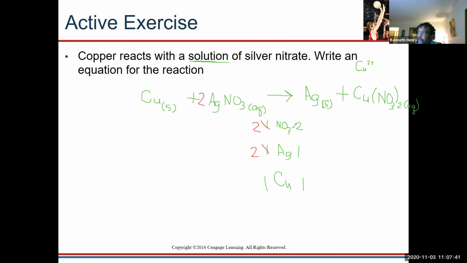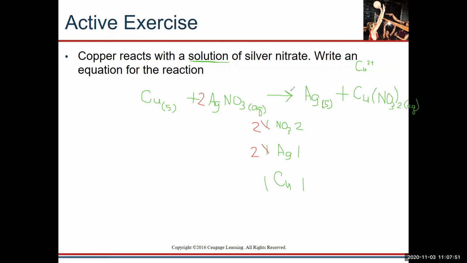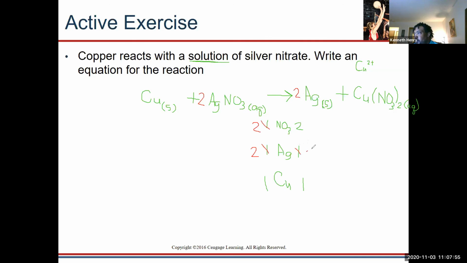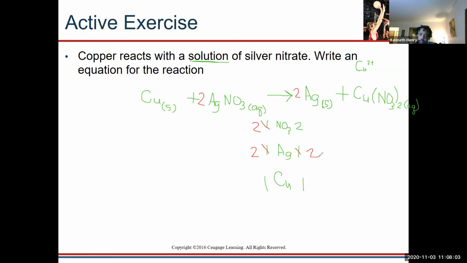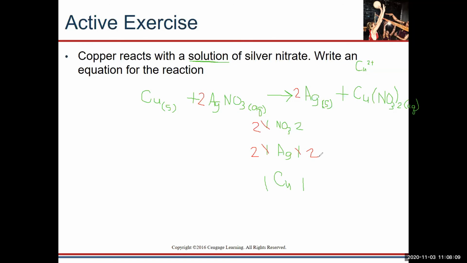Because right now I got 2 nitrates on both sides, and then I have 2 silver on my reactant side and 1 silver on my product. You put a 2 in front of the Ag on the product side. Okay. So are we balanced? Yes. That's correct. That's it. Piece of cake? Kind of, yeah. Okay.